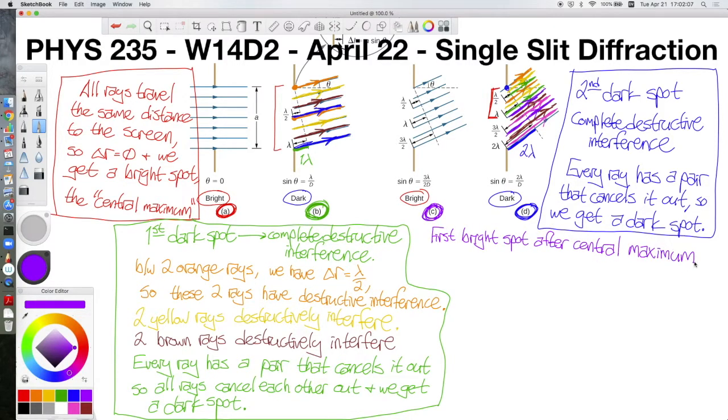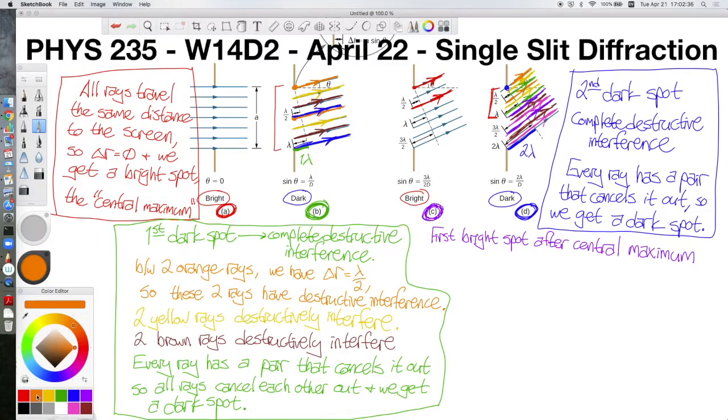So let's try to go through our same process of pairing the different rays here. If we take this top ray first that I'm going to color in red, then the ray that will cancel this out is the ray that has a path length difference of half of a wavelength from the original ray I just drew in red. So that is this ray right here. So these two red rays cancel each other out.